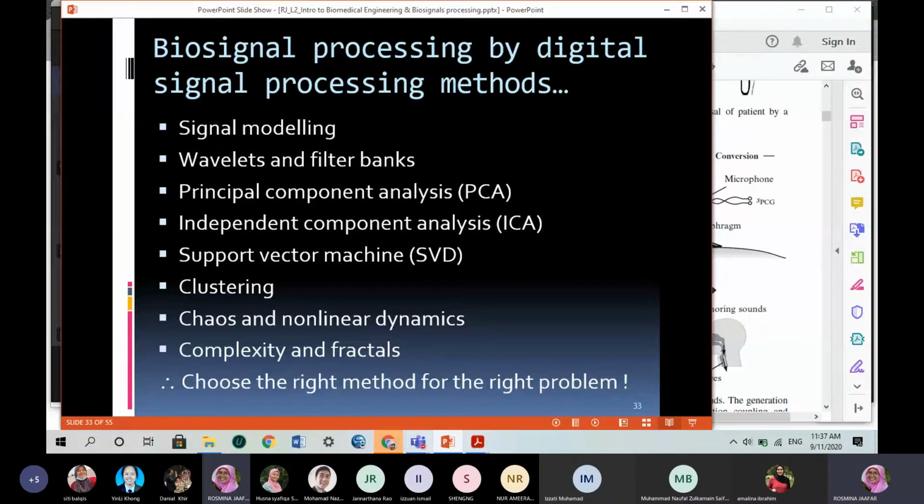There are specific formulas for support vector machine, and normally you use MATLAB programming to do the support vector machine. There is a toolbox for support vector machine. So you just implement the support vector machine using MATLAB.